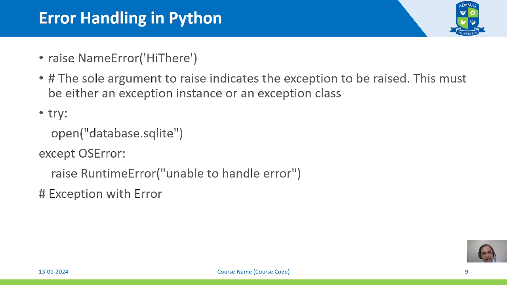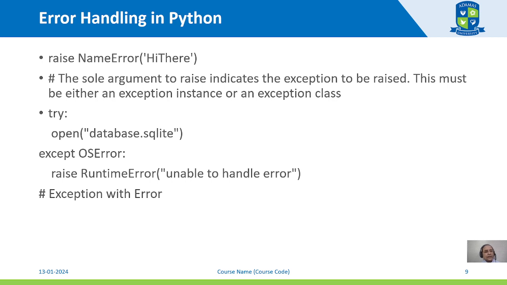Then raise NameError. Explicitly the error name can be raised. The sole argument to raise indicates the exception to be raised. This must be either an exception instance or an exception class.